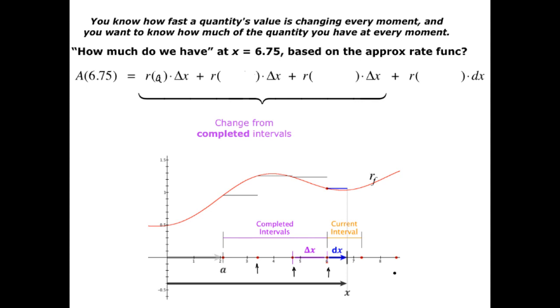So can you do it? Can you fill in the blanks there for what X values you'd put in to get the correct rates for the second, third, and current interval?